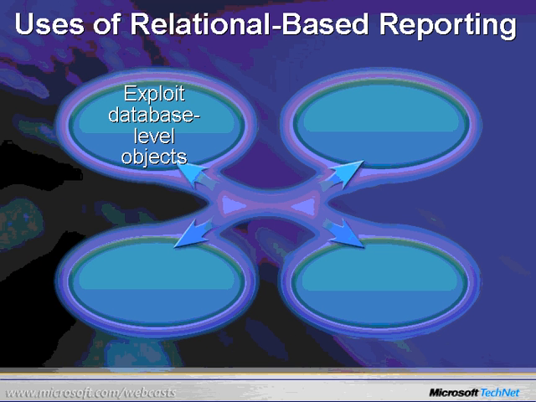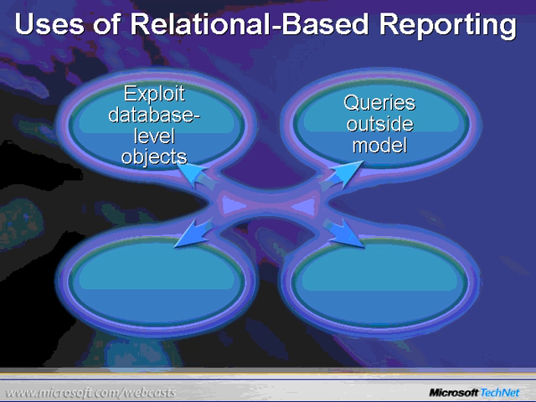SQL Server 2005 is a robust, high-performance OLTP database server. There are several scenarios where it makes sense to get the business information directly from an OLTP database. For example, if you need to exploit database-level objects such as views, user-defined types, or stored procedures, you'll need to access the underlying relational database directly instead of going through Analysis Services.